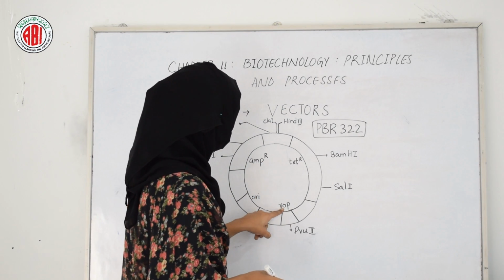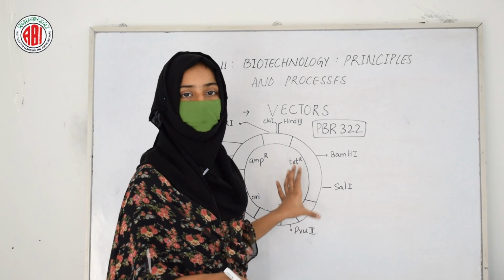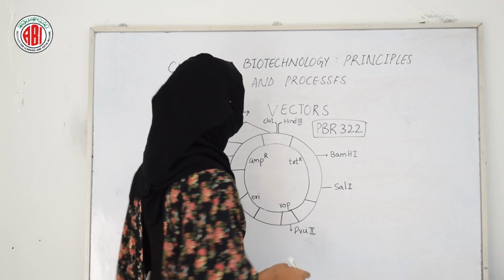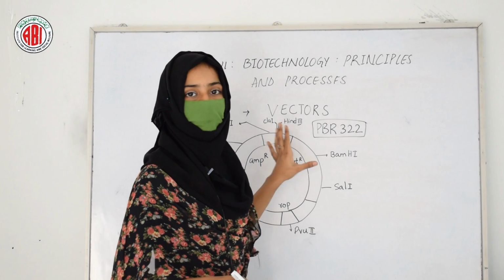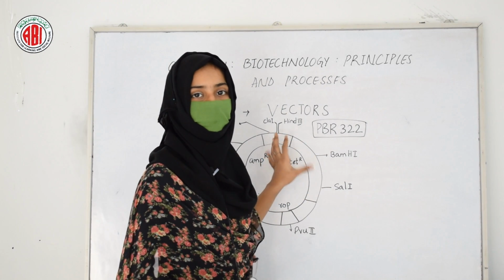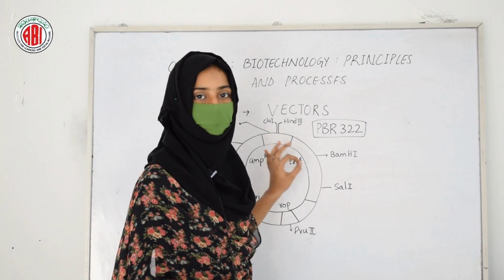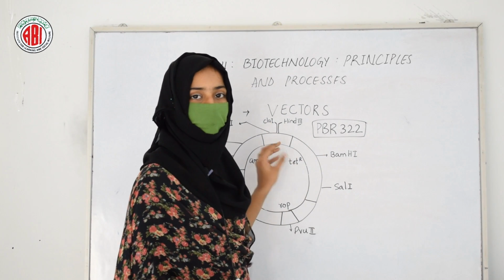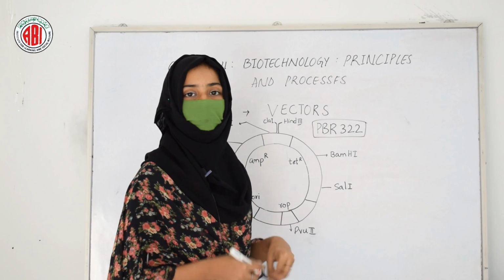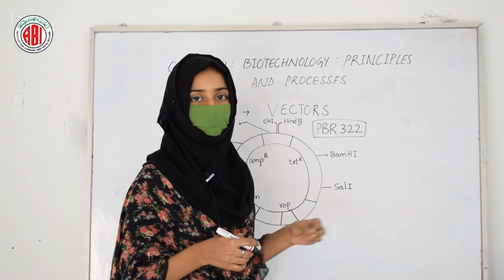And here the ROP protein is present that helps the DNA polymerase to recognize it. In this way, it is a perfect vector which has all the properties that a vector must have. And in this way, pBR322 is a vector that can be used to introduce a gene into the host.